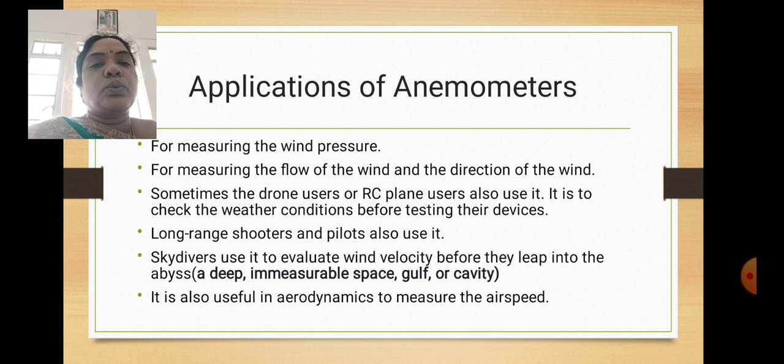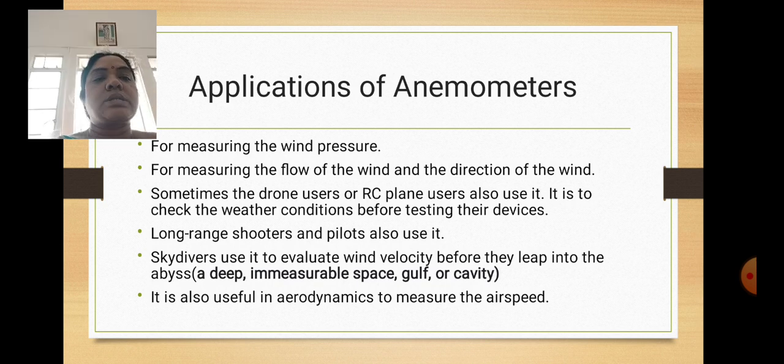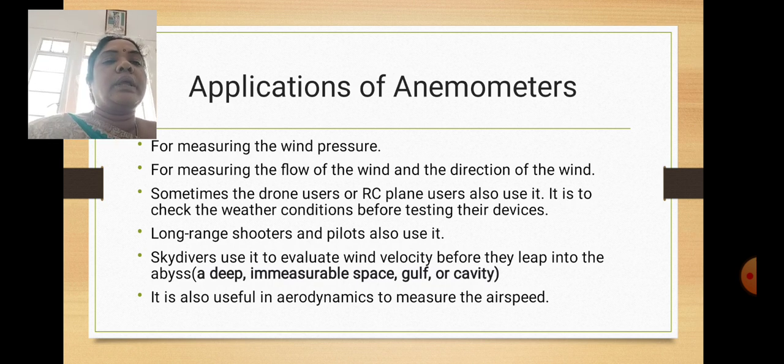Long range shooters and pilots also use it. Skydivers use it to evaluate wind velocity before they leap into the abyss. Abyss is nothing but a deep, immeasurable space, a gulf, or a cavity. Anemometers are also useful in aerodynamics to measure the wind air speed.